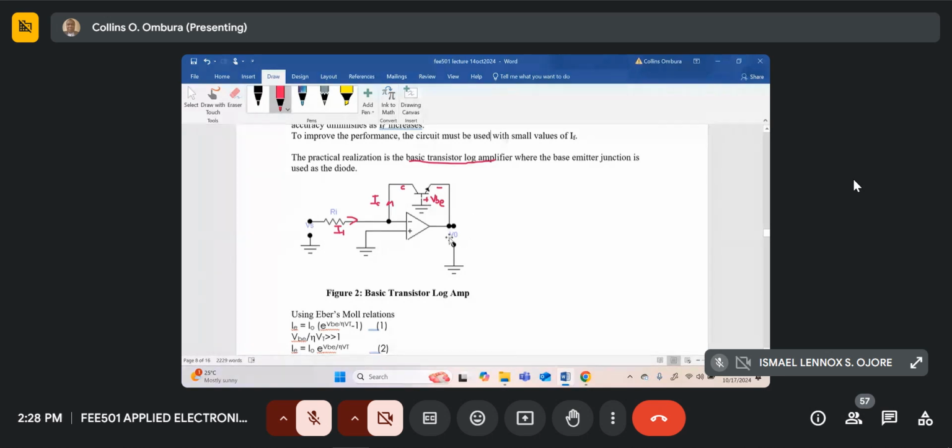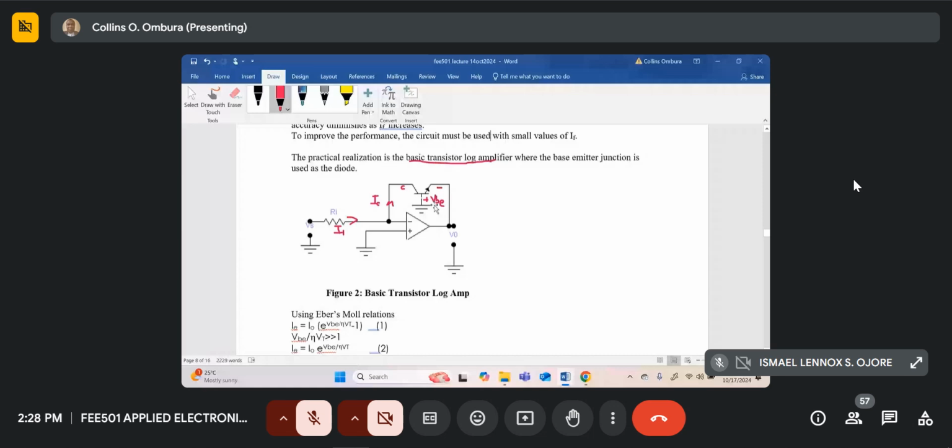Similarly, for V naught, the positive side is connected to the emitter of the transistor. The negative side is connected to the ground. So if you relate these two, you can see that V naught is minus VBE, or VBE is minus V naught. So if you substitute those results in equation 6, VBE is minus V naught.